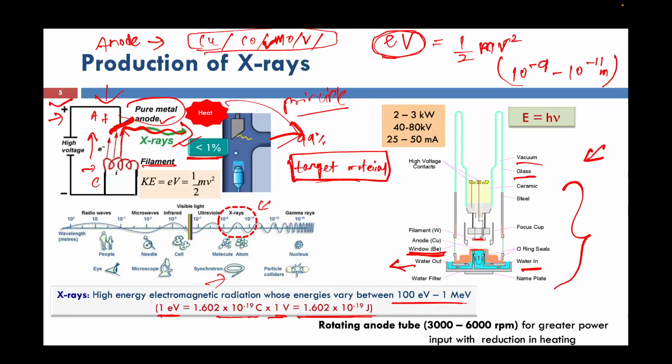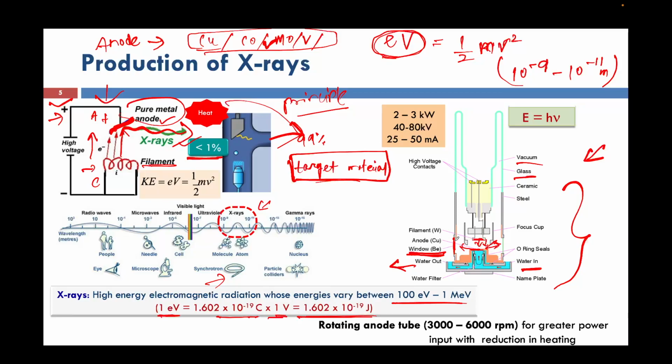When we apply an extremely high potential between them, the electrons will come in this direction, hit the anode, and then X-rays will be generated in all directions. So that is why this window is given. Up to a certain thickness, beryllium is transparent to X-rays.